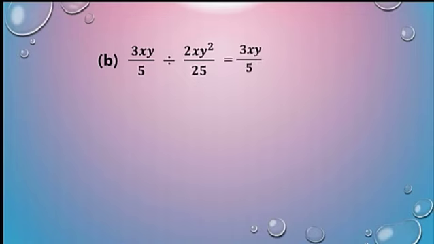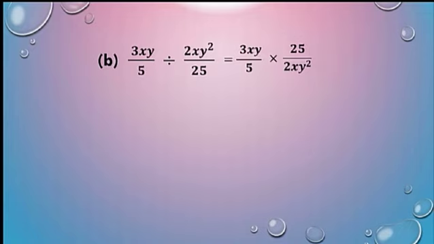Let's have a look at another example on division of algebraic fractions. We have 3xy over 5 divided by 2xy squared over 25. So we are going to first write the first fraction, then change the division into multiplication by taking the reciprocal of the second fraction.